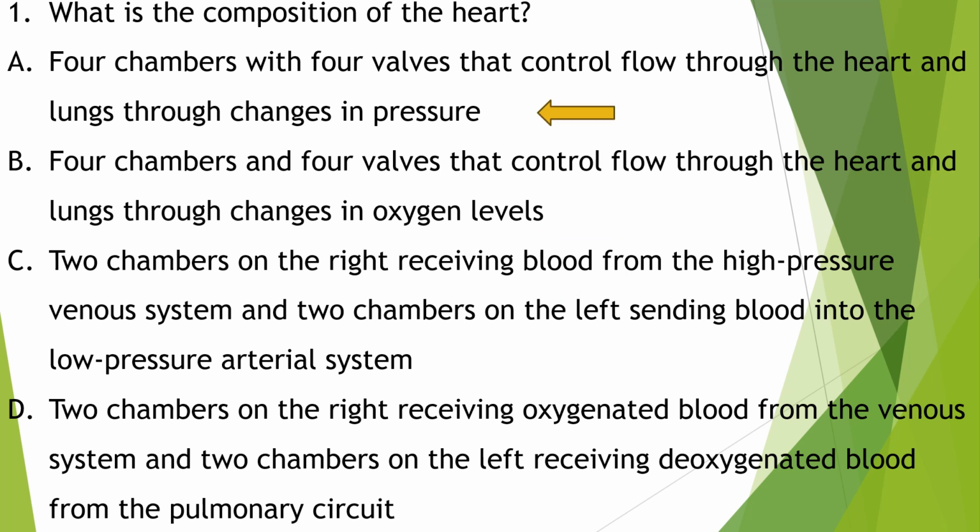Deoxygenated blood is returned to the right heart to be circulated through the lungs for gas exchange, and oxygenated blood then flows through the left heart to the systemic circulation. So here the correct answer is 4 chambers with 4 valves that control flow through the heart and the lungs through changes in pressure.